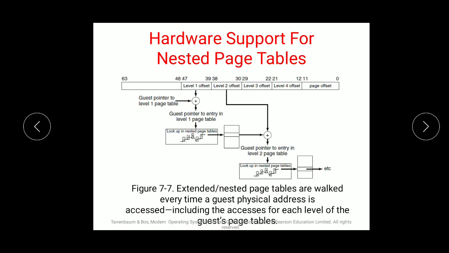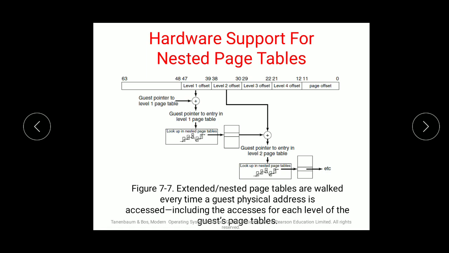Hardware support for nested page tables. Hardware support means if you have nested pages, if you have indirect hardware support, what can be done? Due to the large amount of overhead involved in handling shadow page tables, hardware support for nested page tables is added into the chip. So on your chip, this nested page table is included, and it is for the overhead of data which has been overloaded onto the chip.